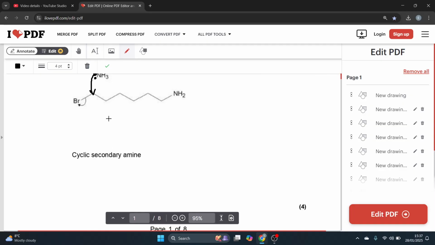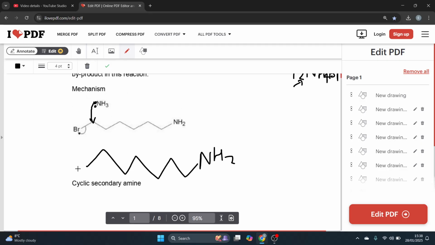So what I need now is, still got my NH2, still the same structure, but instead of this bromo, I replaced it with this NH3. And the nitrogen in the NH3 is positively charged. And then what happens is the NH3 acts as a base, takes a proton, leaves, and then you just form your NH2 with the nitrogen lone pair of electrons plus your NH4+ ion. That's where the second mark came from.